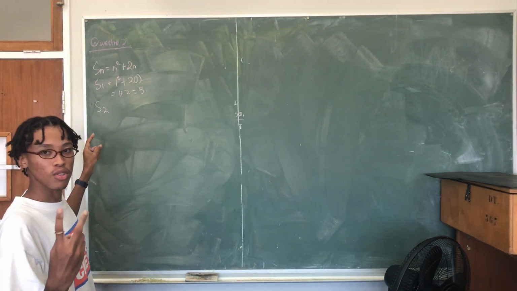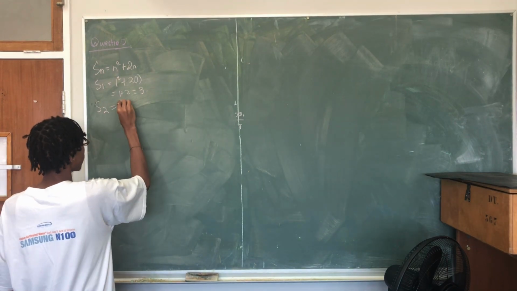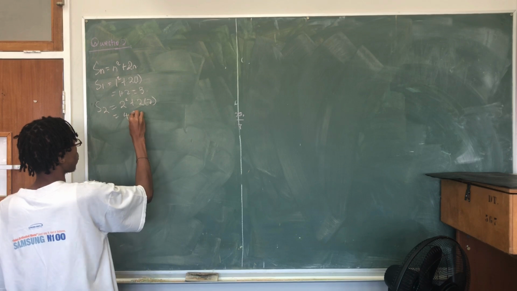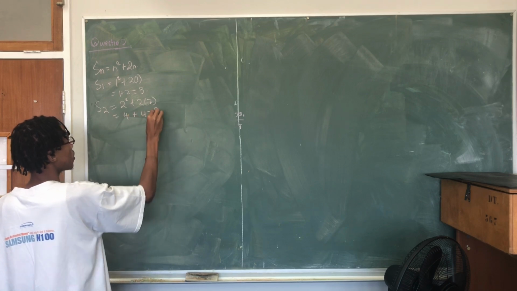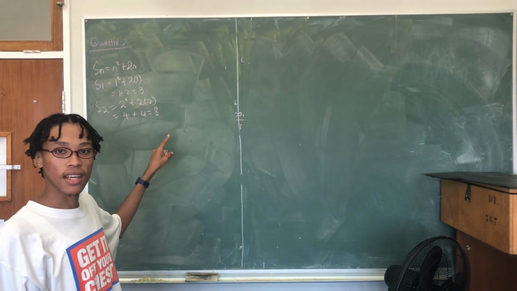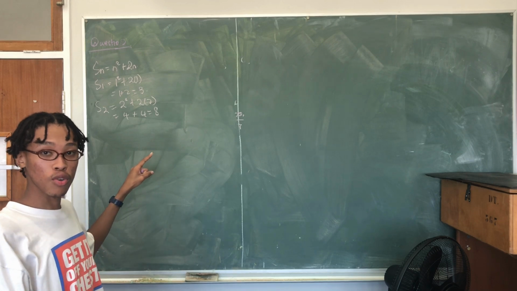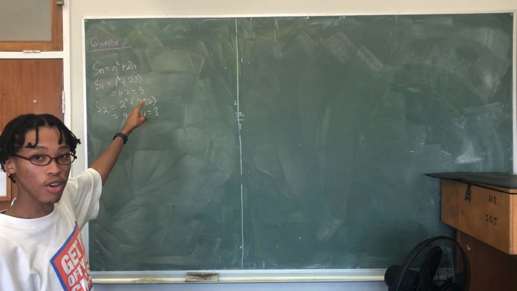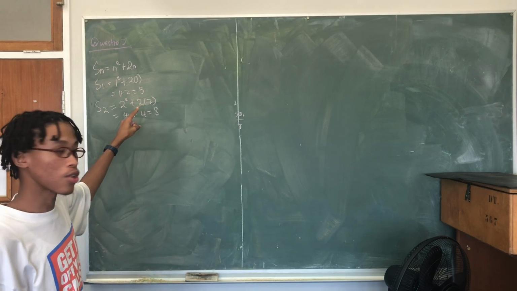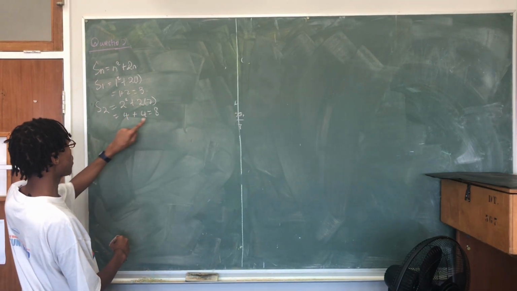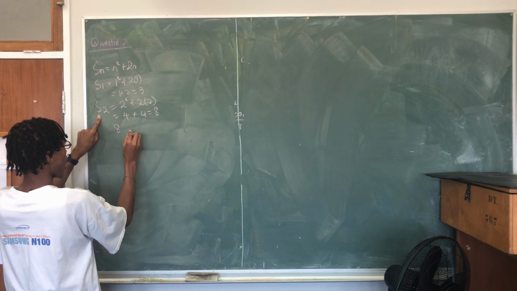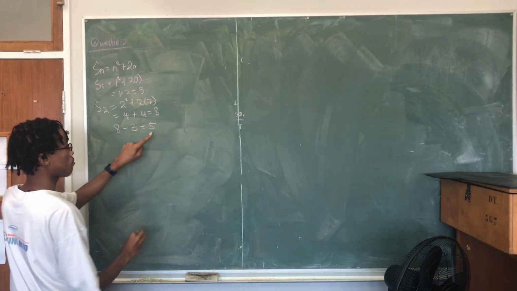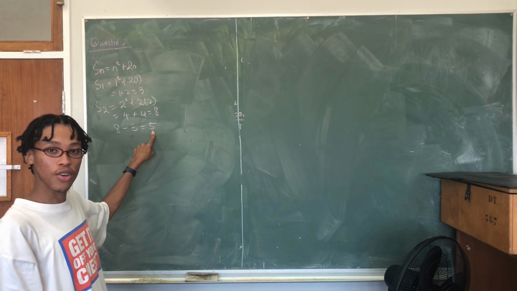The sum of the first 2 values is going to be 2 squared plus 2 times 2, 4 plus 4, that's 8. This value of 8 is the sum of the first 2, but because we already know the actual value of the first term, we can get the second term by saying the sum of the 2 values, 8, minus the first value, is 5. So 5 is the actual value of the second term.